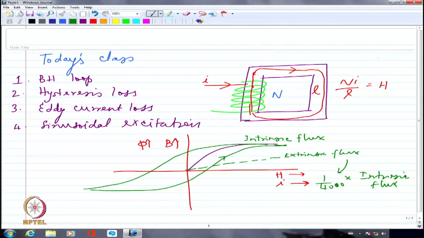That is essentially aligning the core and hence does some work on these domains.